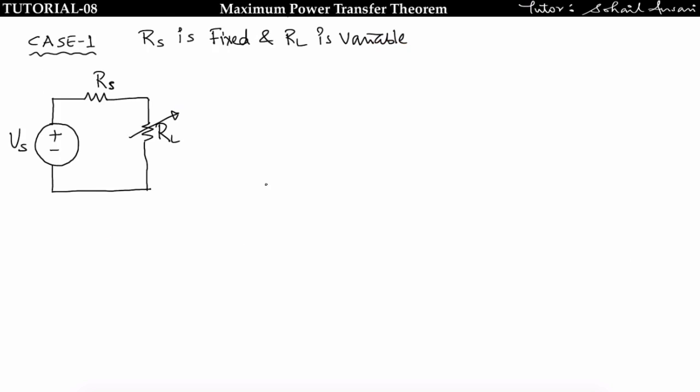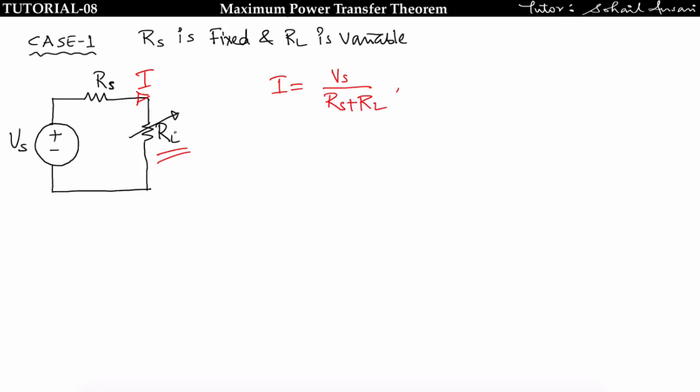First I will take case 1. In case 1, any complex network can be reduced to one voltage source in series with one resistance. We have to find for what value of RL the maximum power is transferred to the load. Got it? So suppose current I is flowing in the circuit, which is given by I equal to Vs upon the total resistance, that is Rs plus RL.